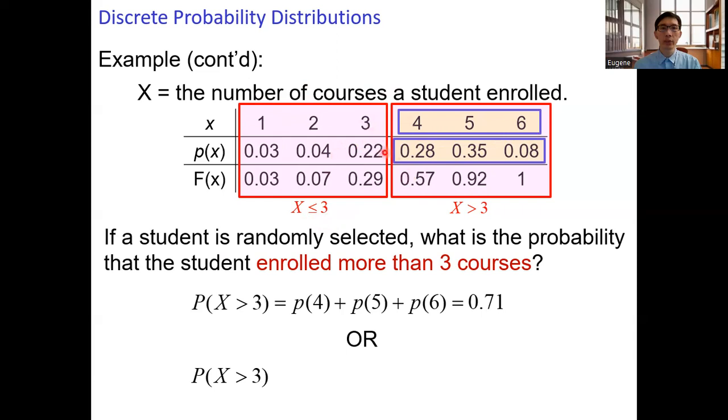So we have these two events, X less than or equal to 3 and the event X greater than 3, mutually exclusive and exhaustive. So the probability of X greater than 3 equals 1 minus the probability of X less than or equal to 3, which equals 1 minus the CDF at X equals 3, which is 0.29. So we get the same value, 0.71.